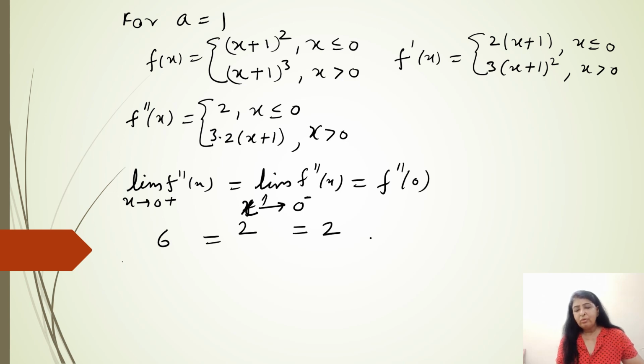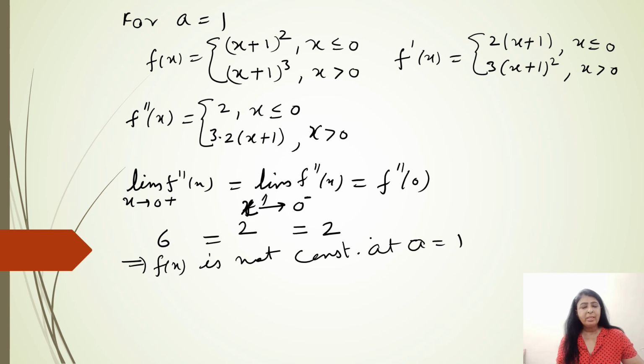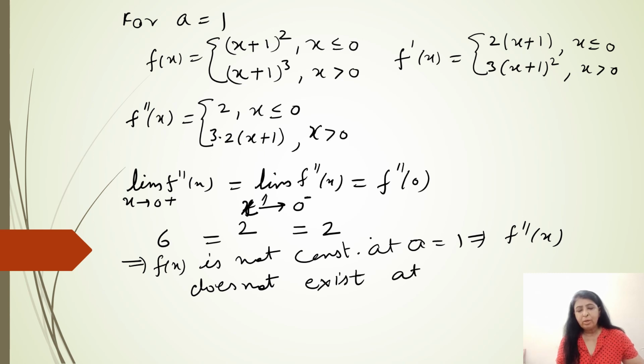So this implies our function f double dash x is not continuous at a is equal to 1. So if it is not continuous, this implies it is not differentiable. This implies f double dash x, does it exist at a is equal to 1? So what have we concluded?